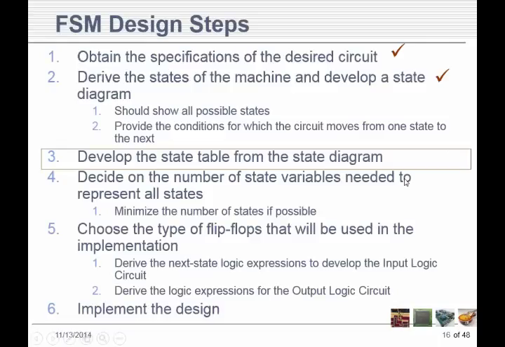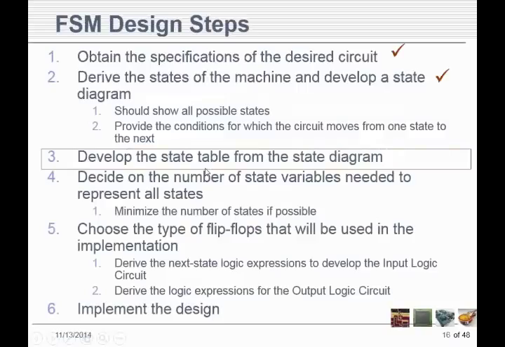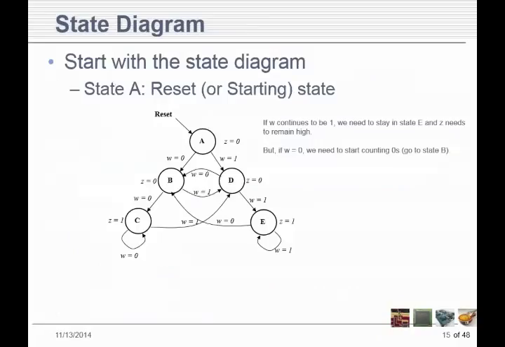Let's check it out. Okay, so what I should actually do, it says develop the state table. Well, we should do that, but if we can, we might be able to go straight to the VHDL from that. Some of you can do that. I mean, I can do this if I wanted to. Sometimes I like going from the state table.